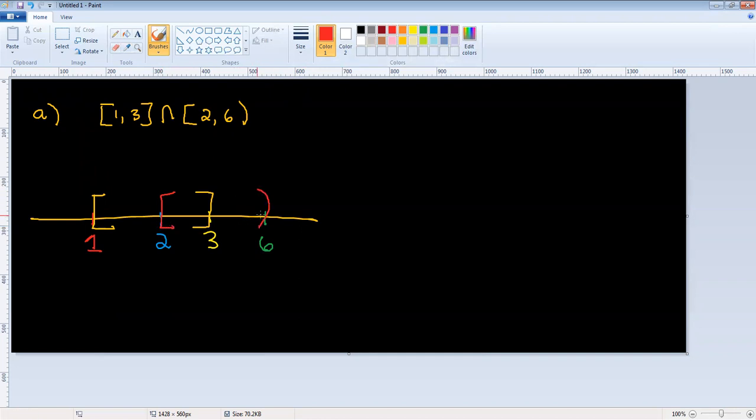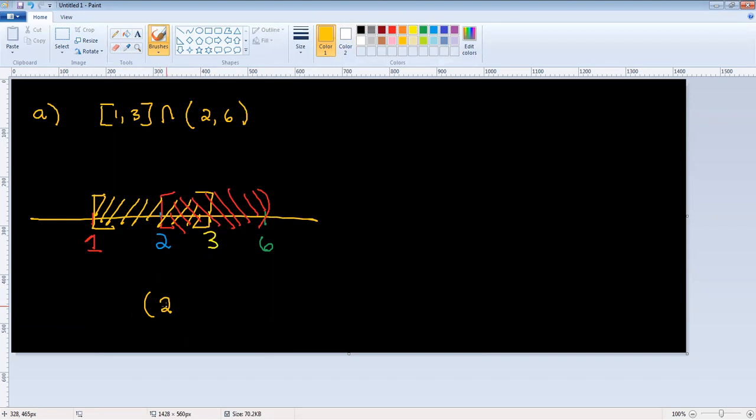Okay, well, intersection means what? It's going to be the overlap, right? So we have this interval right here, and then we have this interval, and we're looking for the overlap here. So what is the overlap going to be? Well, I kind of messed up here because this is actually open, but you can do it however you want.